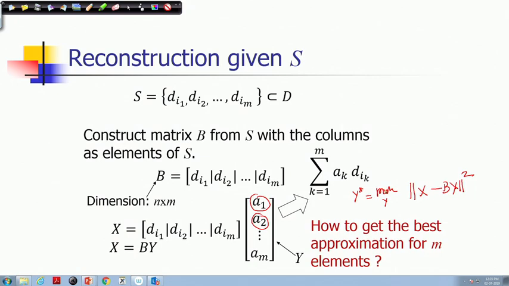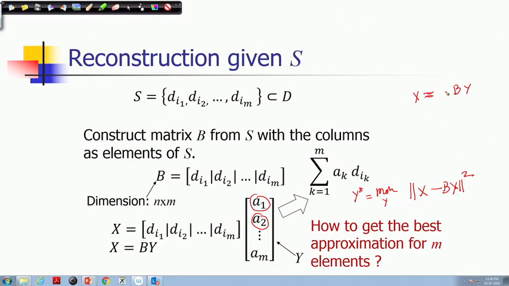So, we know this solution, we did it a number of times. Once again, I would like to get a close approximation in this form. So, what we can do?